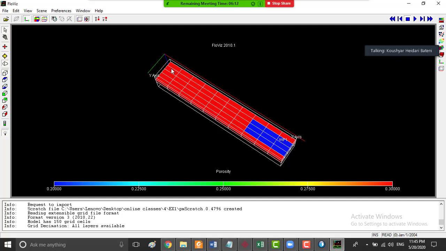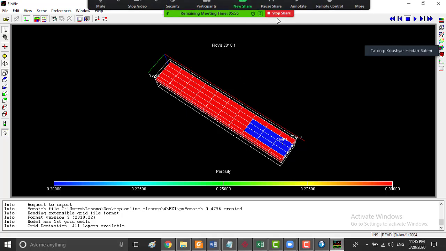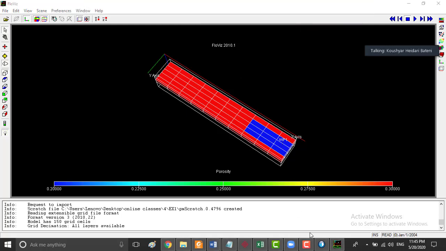After that, in the second row, the first 7 cells belong to the high porosity region, and the last 3 cells belong to the low porosity region. And that is what we write in our data file.